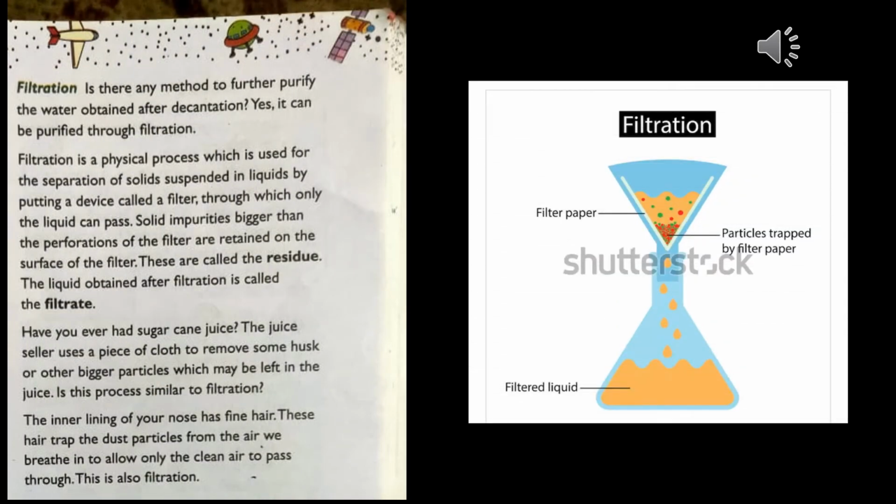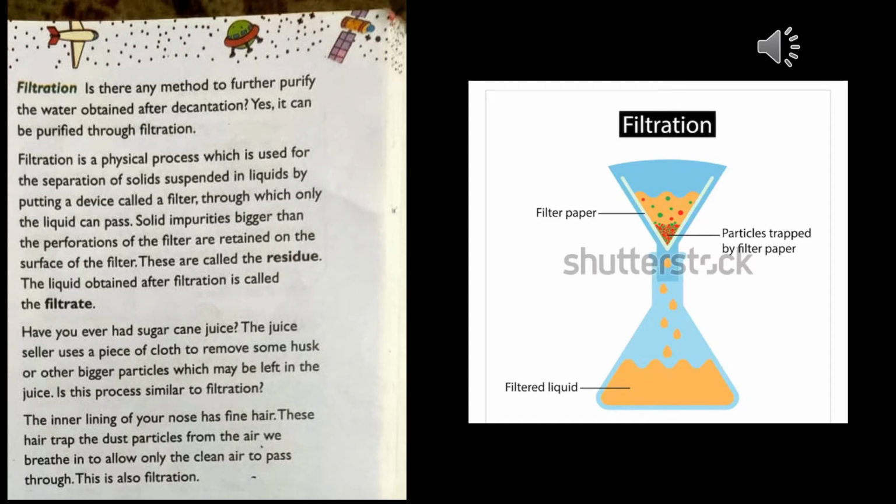So what is filtration? Filtration is a physical process which is used for the separation of solids suspended in liquids by using a device called a filter. That means we are using a filter paper to get the residue out of it. How it works and how the system looks, you will be able to see on the screen.